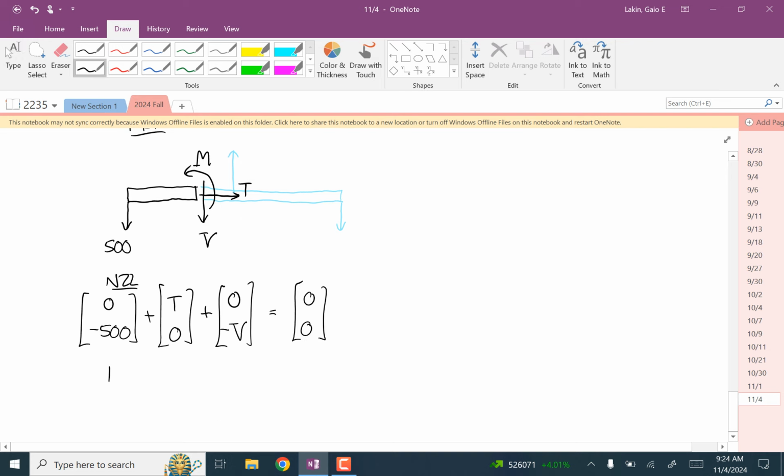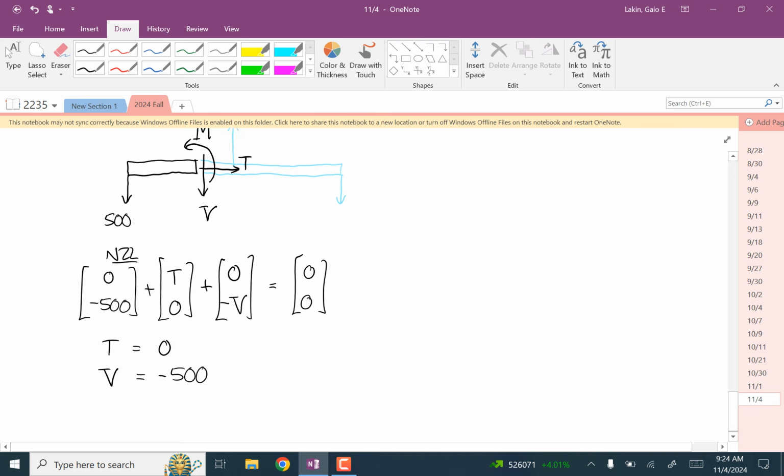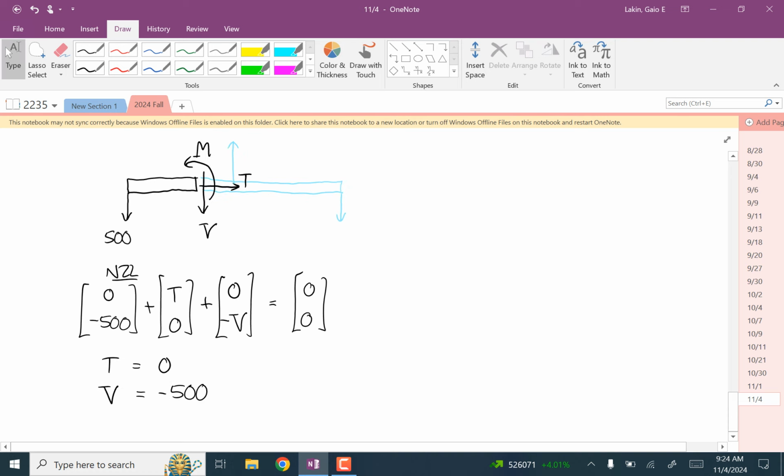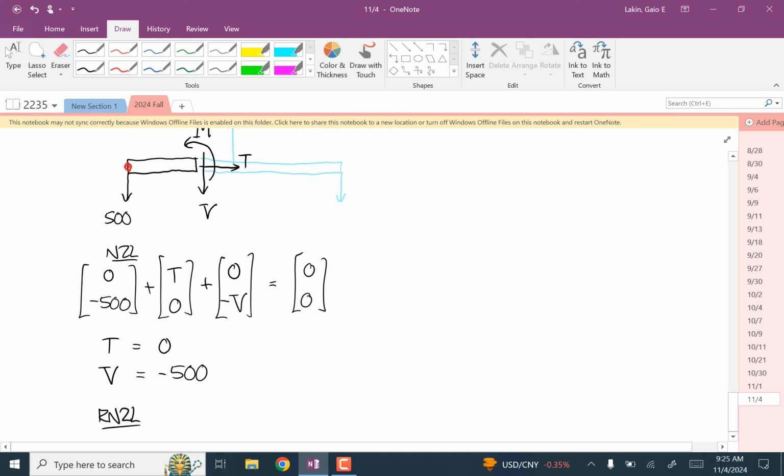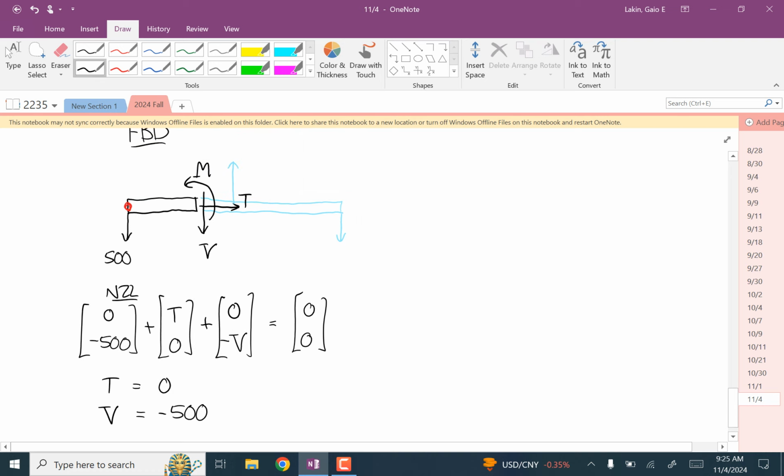And so we get that the internal tension is equal to 0. The internal shear force is equal to negative 500. And then for the moment equation, we're always going to use the left side as our about point. And so the 500 doesn't produce a moment.